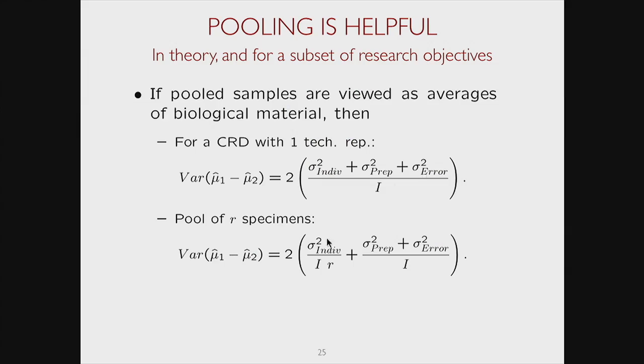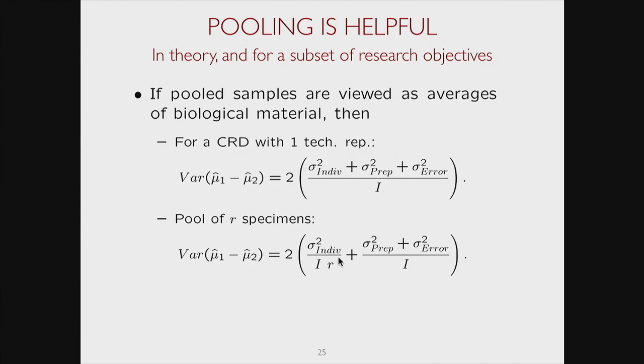Now, just as before, I mentioned how statisticians evaluate different designs, so we can continue doing it here. And so this would be an example of variance when we have the biological variance of the individual subjects, maybe sample preparation, maybe error. Now, if we have pools of R subjects, it reduces the variance. So if I is the number of runs, if each run actually is a pool of R subjects, it reduces the variance.